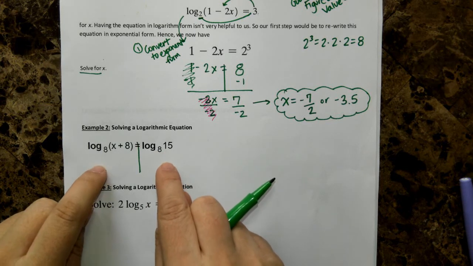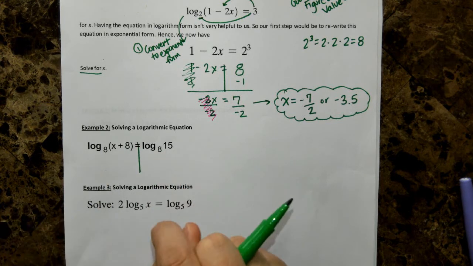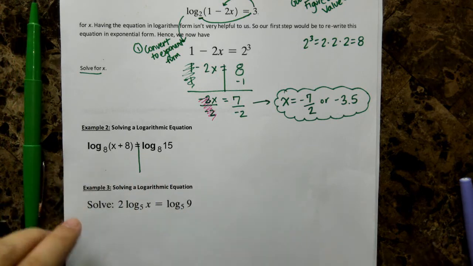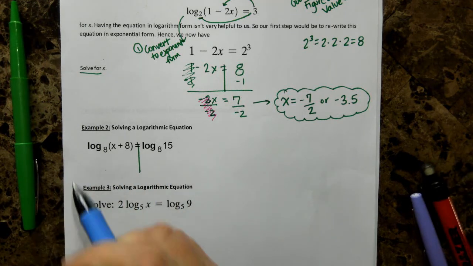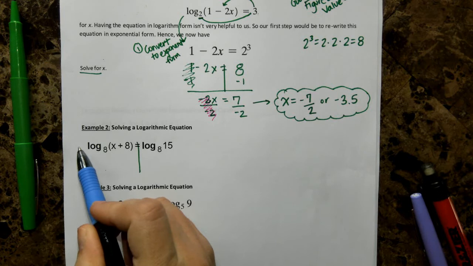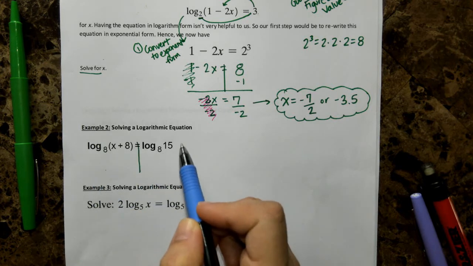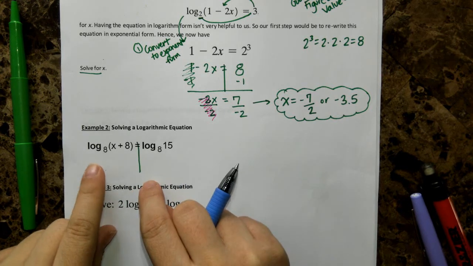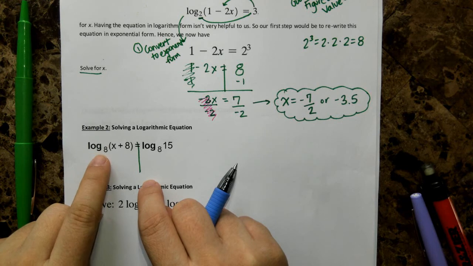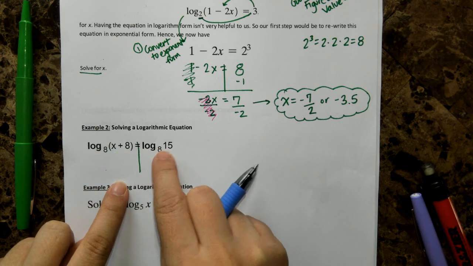The cool thing about this is they have the same base. Now, when there's nothing else on the side of the equation, there's no other terms that I have to worry about, no coefficients, no other constants that are being added, essentially, you know that log base 8 of something equals log base 8 of something else.